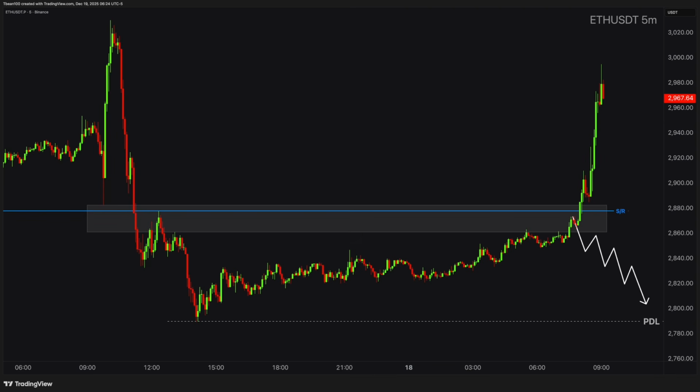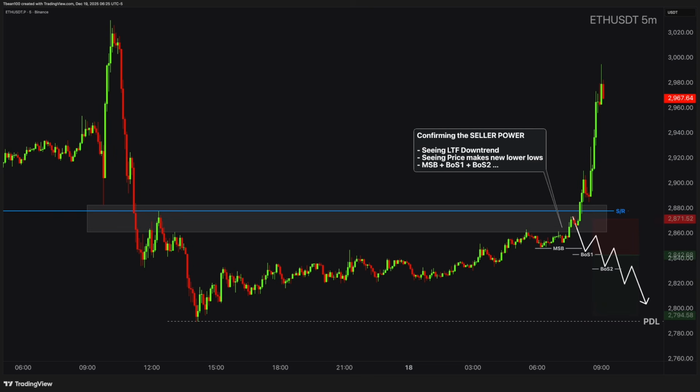I should have seen a bearish trend or a bearish structure clearly forming and moving toward the previous day's low area. For example, I would have wanted to see a clear and strong microstructure break followed by a couple of break of structure moves starting directly from my point of interest area, the POI area.